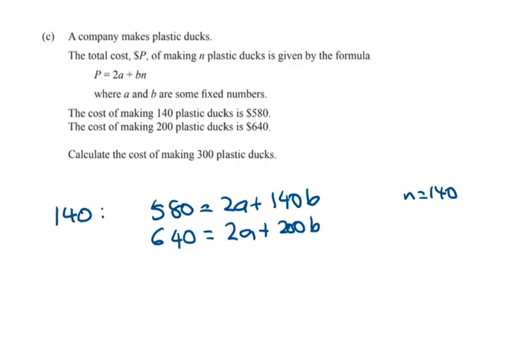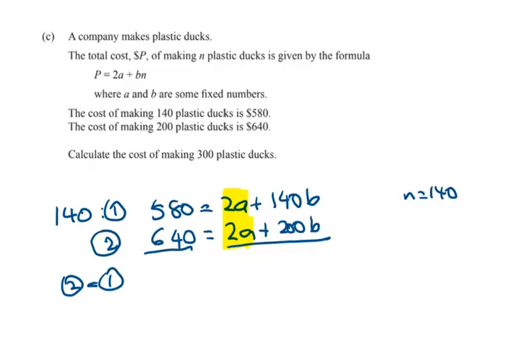Then you can see that we've got a pretty clear setup for doing the elimination method, because we've got two equations and the 2A matches with the 2A. So I'll make this equation 2 and this equation 1. We can subtract equation 1 from equation 2.